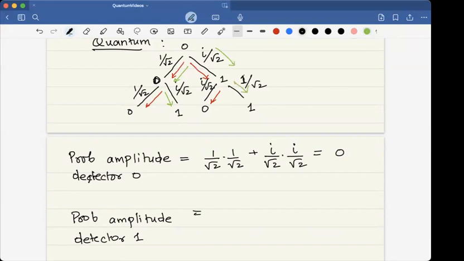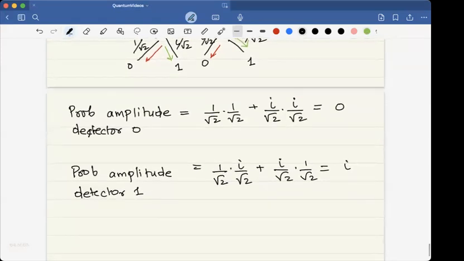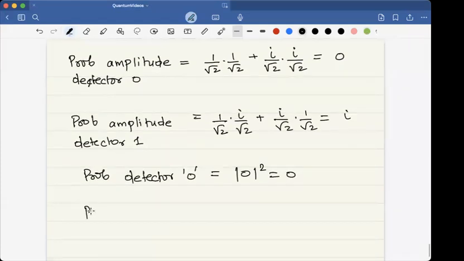This is going to be 1 over square root of 2 times I over square root of 2 plus I over square root of 2 times 1 over square root of 2, which is equal to I. And the probabilities are the amplitude squared. So the probability of detecting at detector 0 is 0 mod square, which is 0, and the probability of getting detected at 1 is I mod square, which is equal to 1.